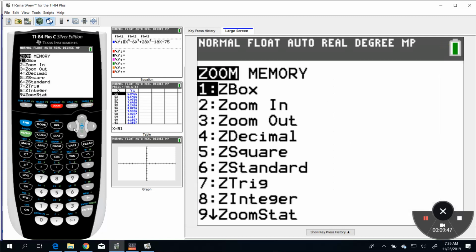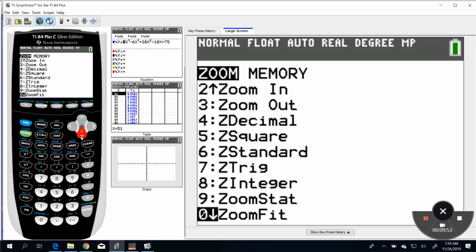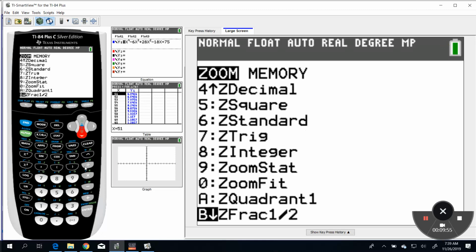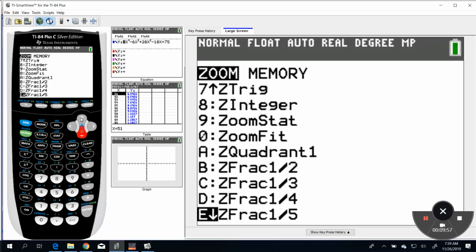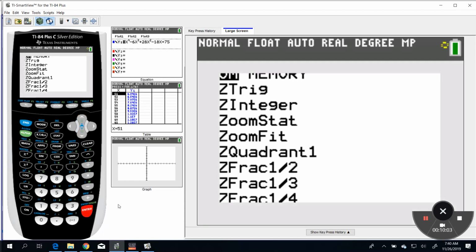So zoom out. I'm going to go zoom fit and see if I can get the screen to show up.